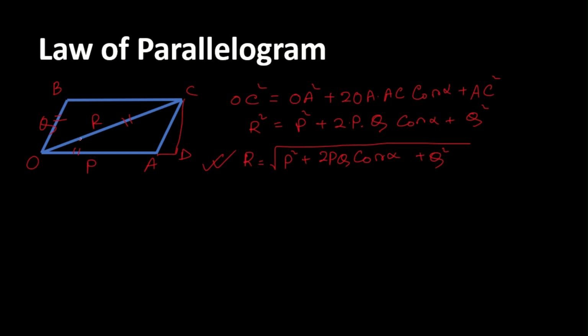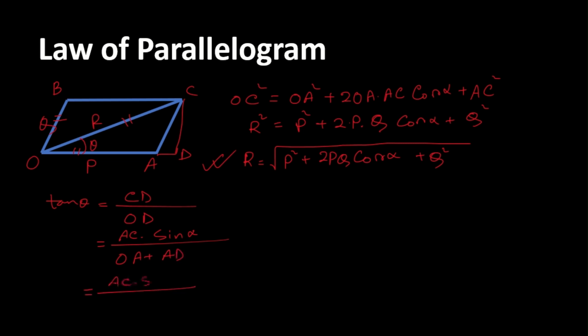Now considering the angle of resultant is theta, the direction of the resultant is tan theta equals to CD by OD. Here CD is AC sin alpha and OD equals to OA plus AD. Here AD stands for AC cos alpha.